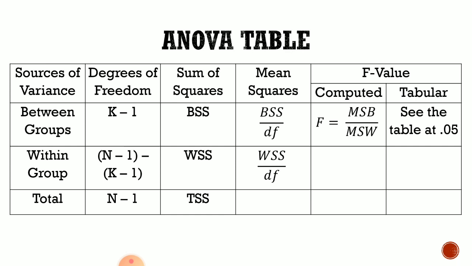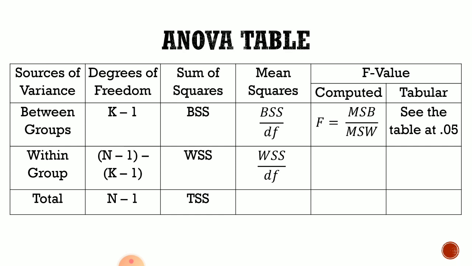The sum of squares is the between sum of squares, or BSS. The mean squares is the between sum of squares divided by the degrees of freedom between groups.